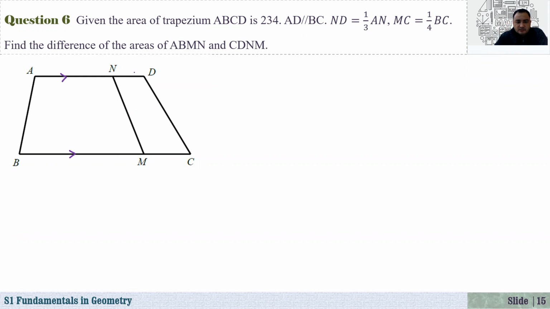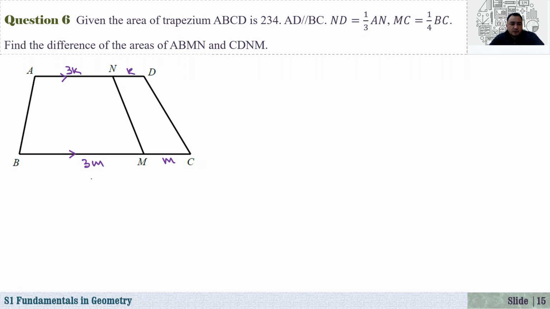So if ND is equal to K, then AN should be equal to 3K. And MC is 1/4 of BC. So if MC is equal to M, then MC to BC is 1/4. So this part should be 3M.